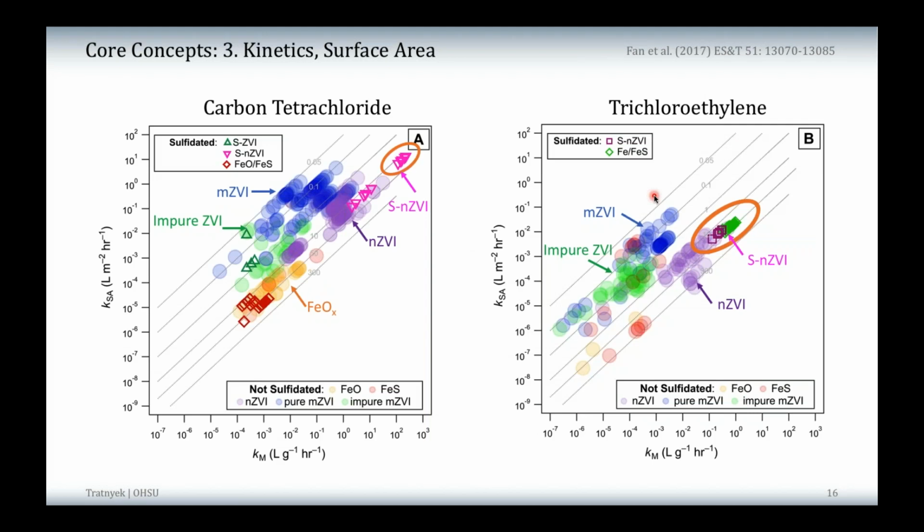And so for the sulfidation review, Ying Lan compiled a whole bunch of data. This is essentially all the data that was suitable for this kind of analysis. And we have it here showing for carbon tet and for TCE.